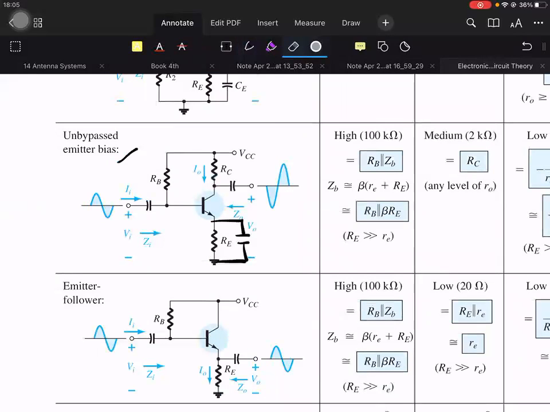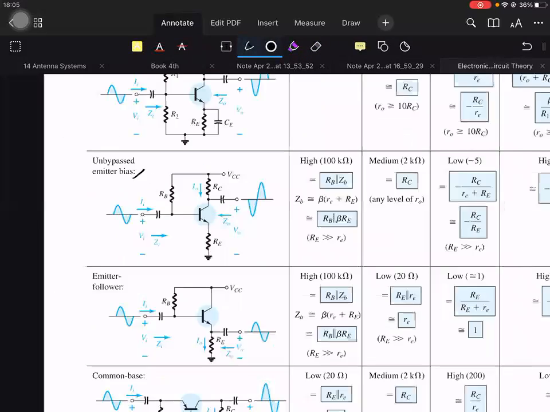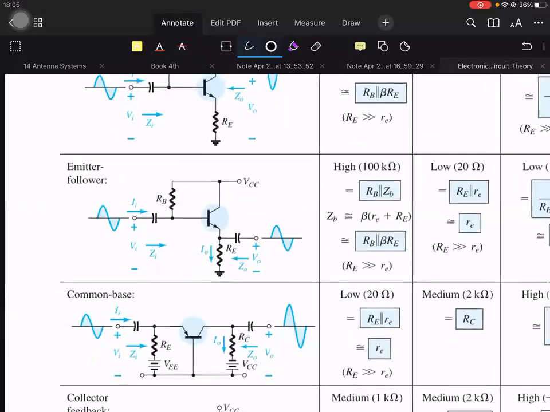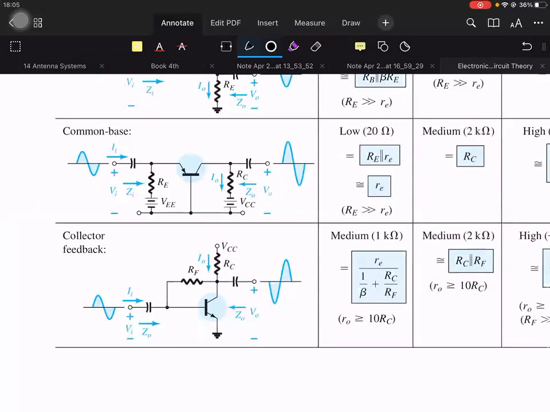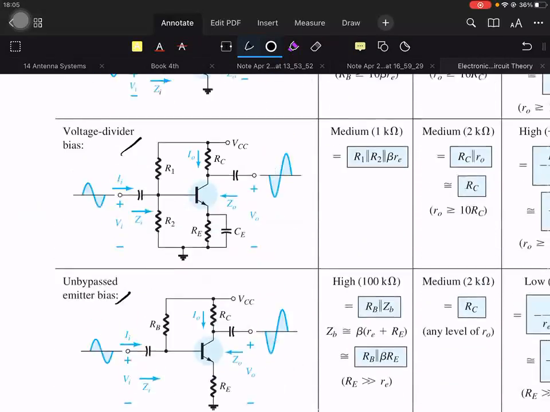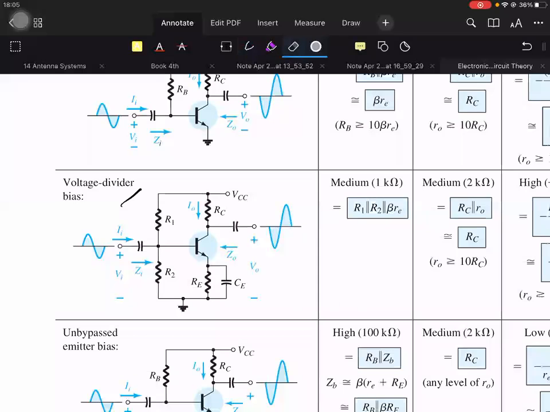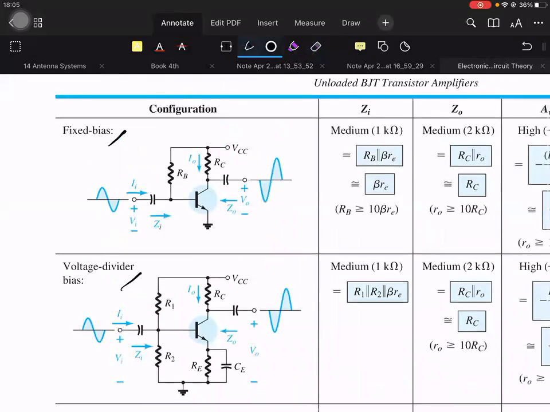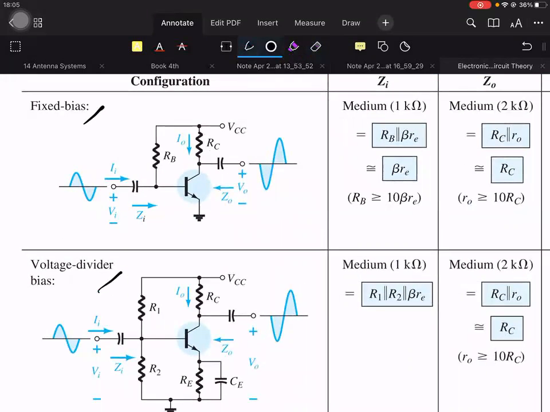So for the unbypassed, there are no capacitors at RE. And then there are the others: emitter follower, common base, and collector feedback. So we'll just focus our attention on these first two, fixed bias and voltage divider bias, which we learned previously.